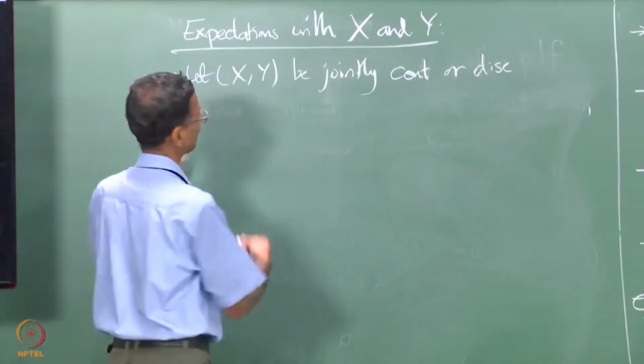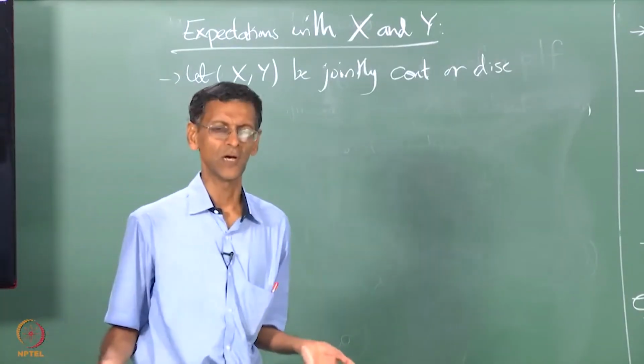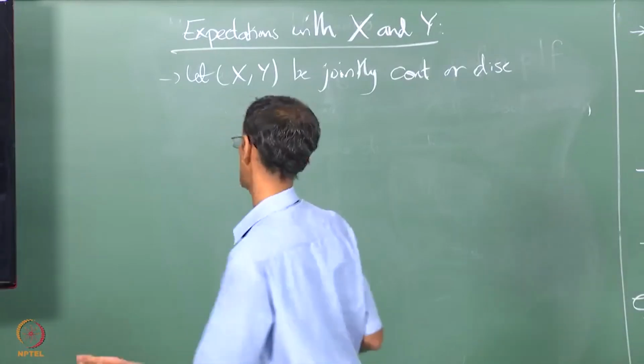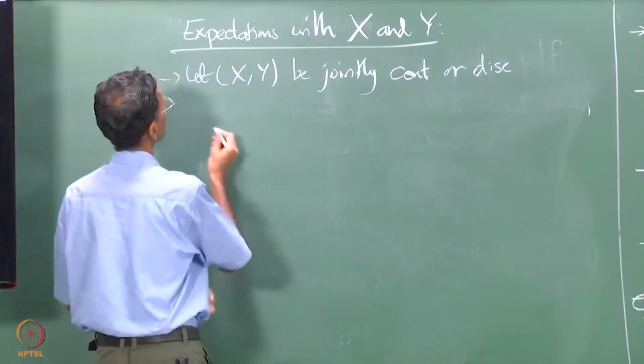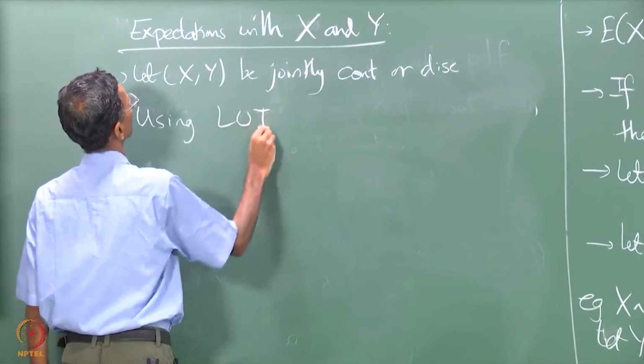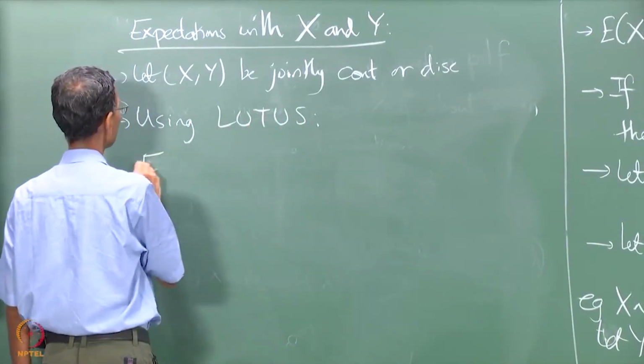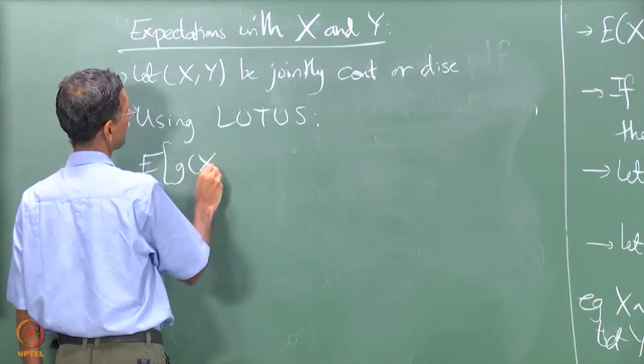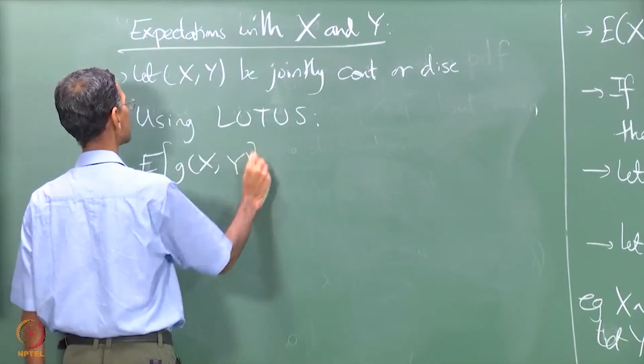Then I can directly write out using the Lotus theorem, or Lotus itself is a law, right. So, using Lotus, the E of a single scalar function of two random variables.